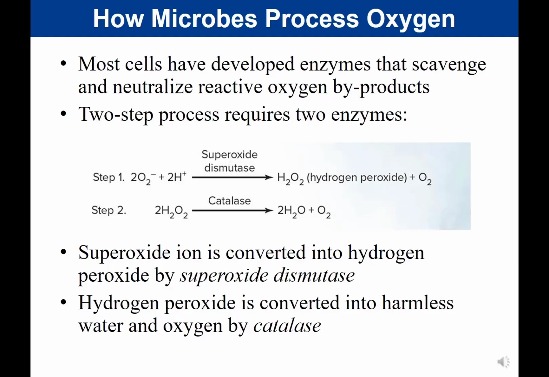Organisms that grow where oxygen is found have developed enzymes that scavenge and neutralize reactive oxygen byproducts. And so this is going to be a two-step process, and this two-step process requires two enzymes. The first enzyme is called superoxide dismutase, which you will see abbreviated SOD.